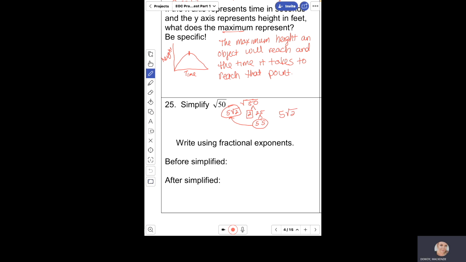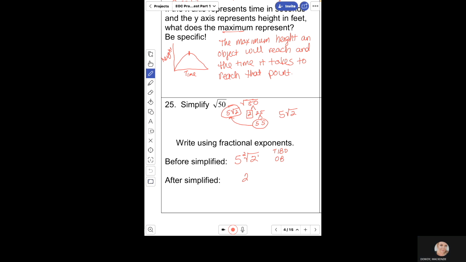Now they want us to write that using fractional exponents. Here I'm just going to write the same thing, 5 times the square root of 2. Using Tybo, we know the square root of 2 has an invisible 2 on the outside and an invisible 1 on the inside.